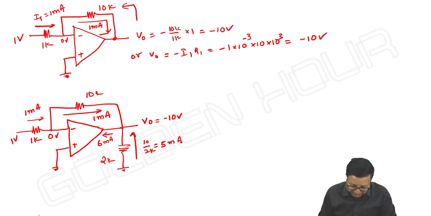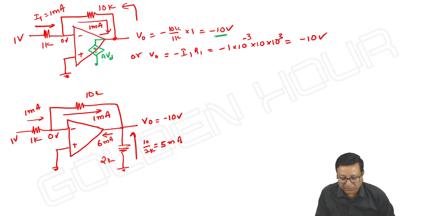Reality is, we know the output side has 0 output resistance, so I can take a dependent voltage source, A into VD, as we wrote. And what is its value? Its value is minus 10, no doubt about it. You may be thinking, A is approaching infinity and VD is approaching 0. When A approaches infinity, V minus approaches V plus, meaning VD approaches 0.